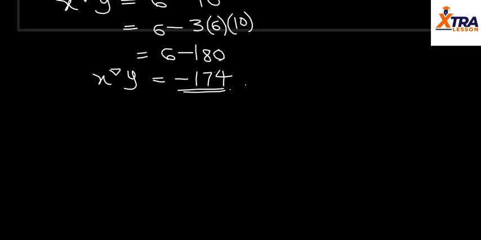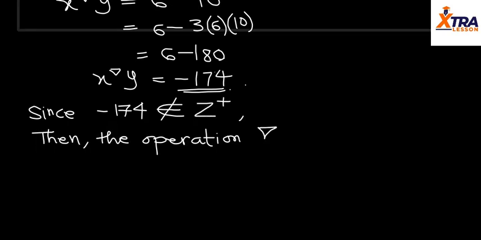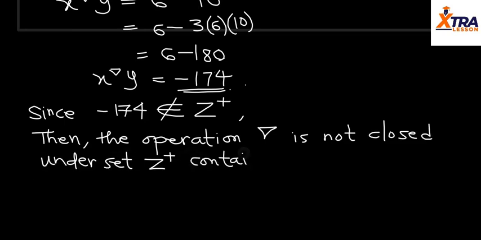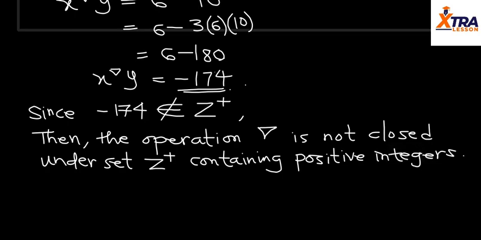Since minus 174 is not an element of set Z plus, then this operation is not closed under set Z plus containing positive integers, because the value we are having here is a negative integer. So because it's a negative integer, it cannot be a member of the set Z plus. By that inference, we can now say this operation is not closed under the set Z plus.